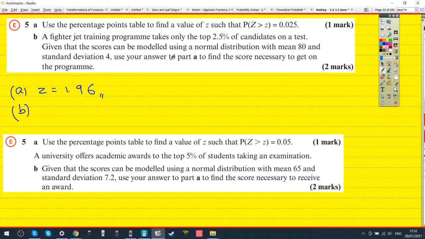Let's see. So it's normally distributed. Mean is 80. Standard deviation's 4. What score will get you on the program? They have to be in the top 2.5% of candidates.